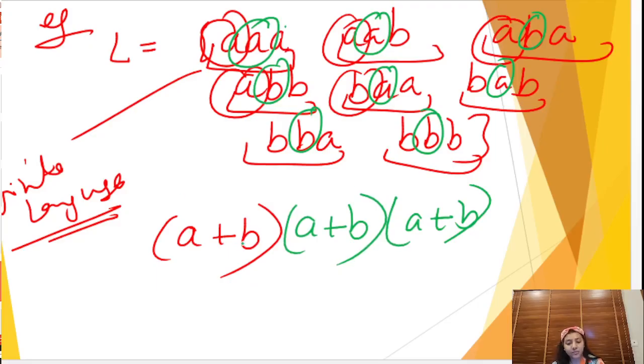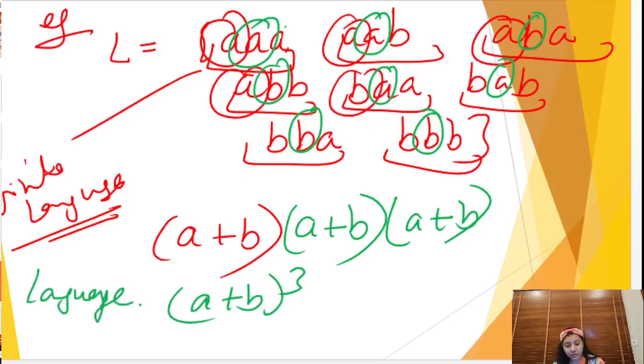So this forms my regular expression for all strings of exactly length 3 where the alphabet is A or B. Similarly, if I have to form any fixed length string, I can easily form it with the help of this regular expression. So this can be expanded as (A plus B) to the power 3, right? This is representing the language of this set.